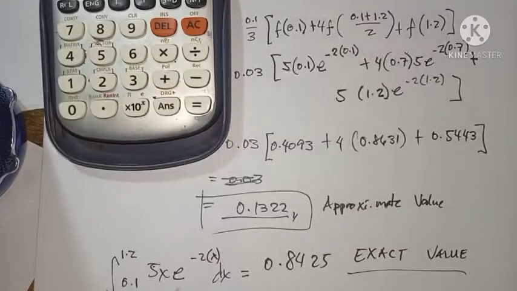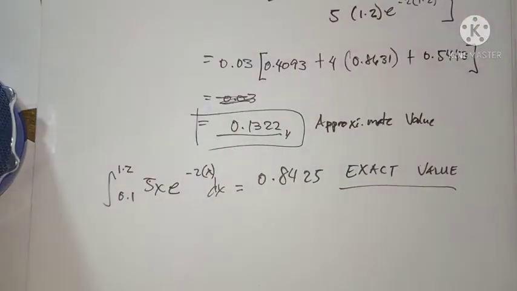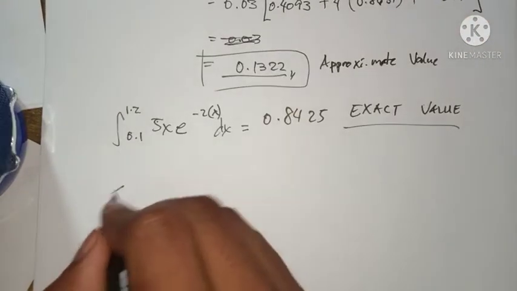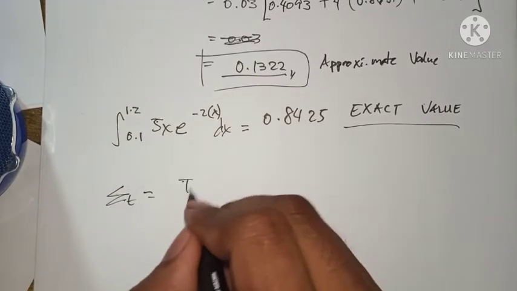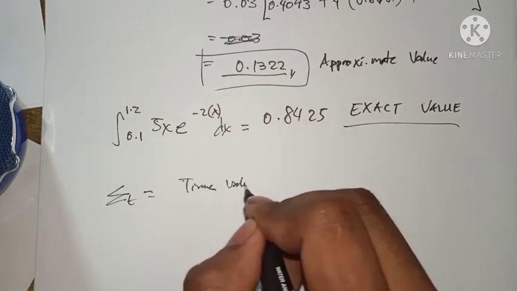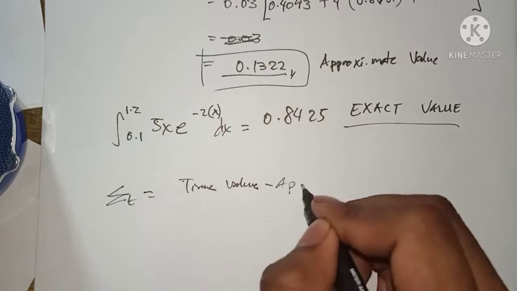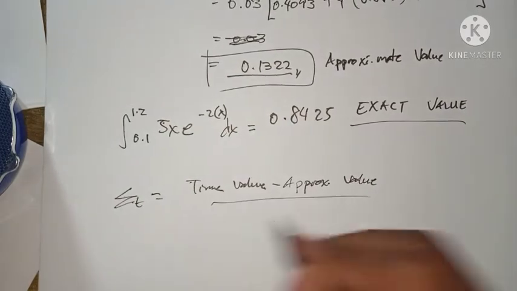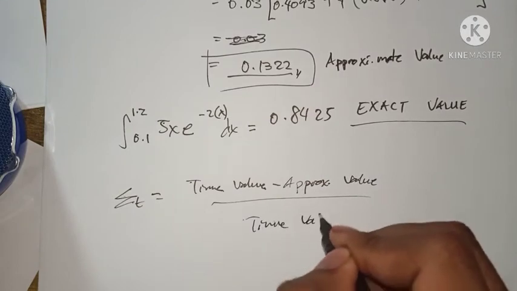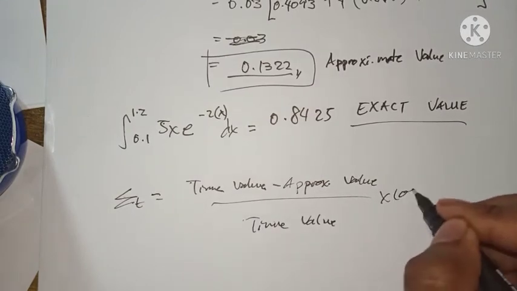Now, let's compute the error. The true value minus the approximate value over the true value times 100.